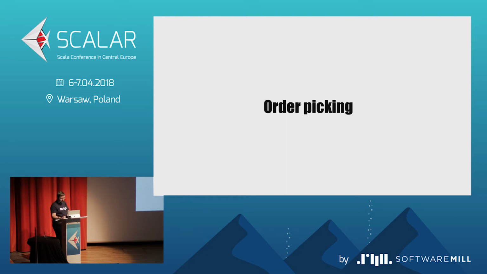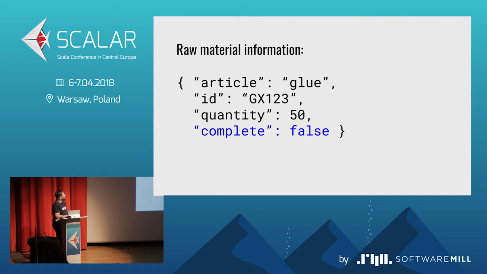So logistics software. Okay, so this is raw material information. I have lots of that. It says I have an article that's glue, and I need 50 of it. It has an ID, and I haven't picked it up, and now I have picked it up. So now I have my glue. It's just it. And I'm working around, changing this information.